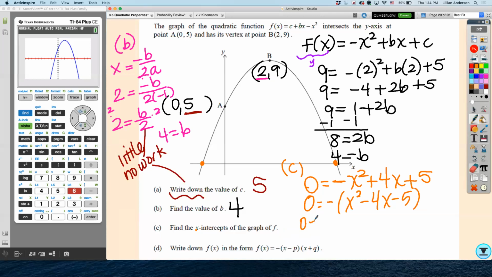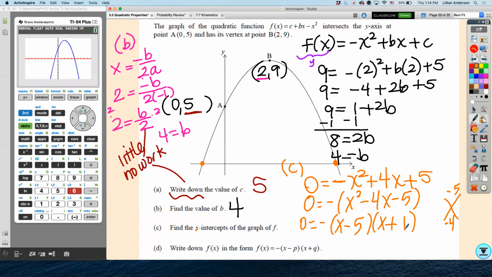What two numbers multiply to give you -5 that add together to give you 4? -5 and 1. So this becomes x minus 5 and x plus 1. One other positive about doing it this way, you see how in part D I have to write it in that form?